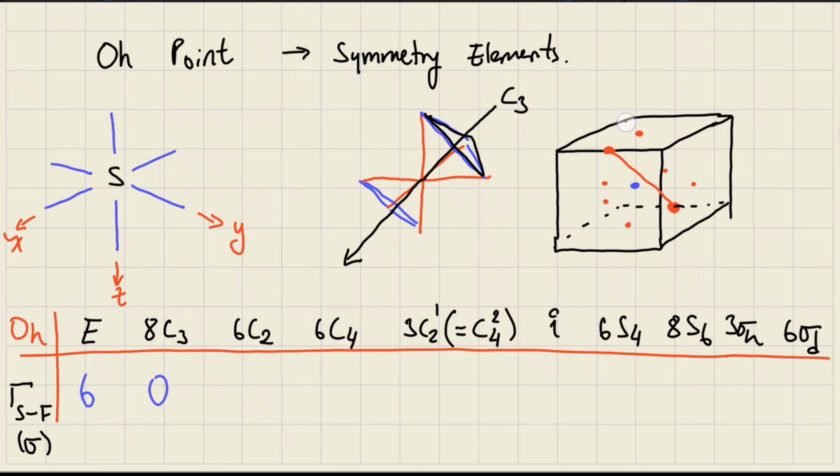I hope you can see it. It passes from the center of 2 edges, and we have 6 of them. Basically if we apply this operation, I think you can see that it doesn't include any bonds, since it passes from here to here, right? It doesn't contain any bonds, and if you apply it, all the bond positions will change. Therefore this is basically 0.